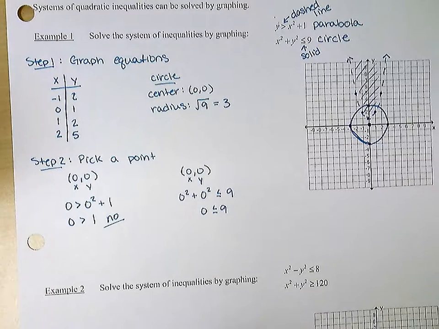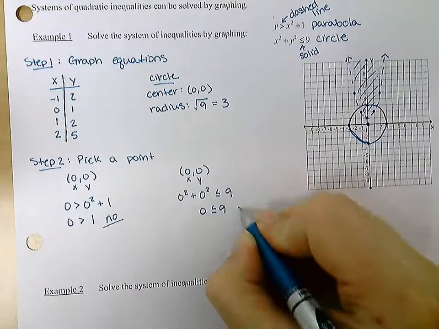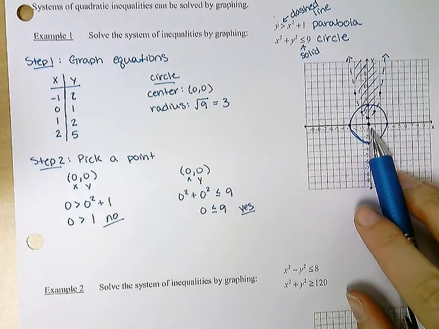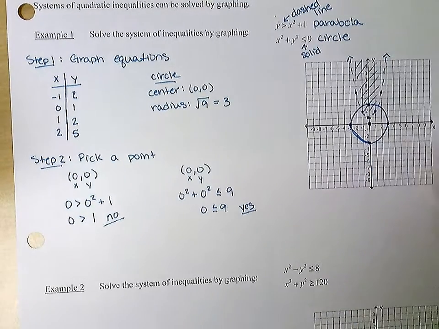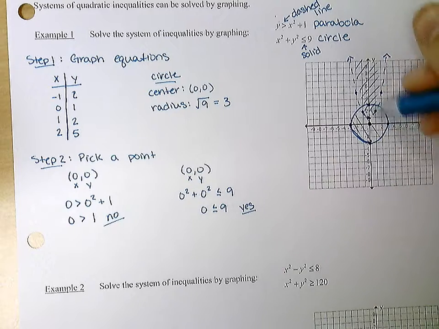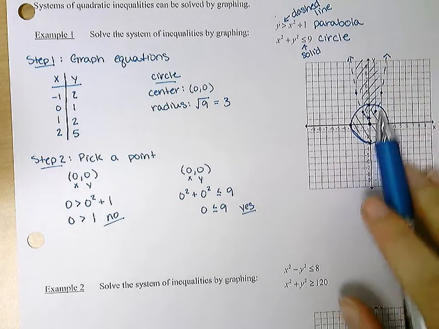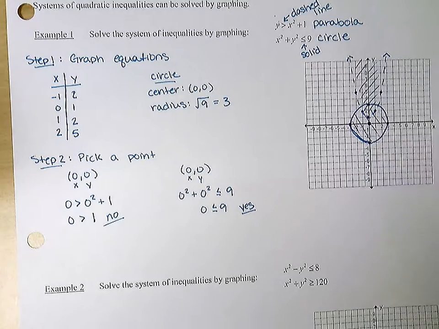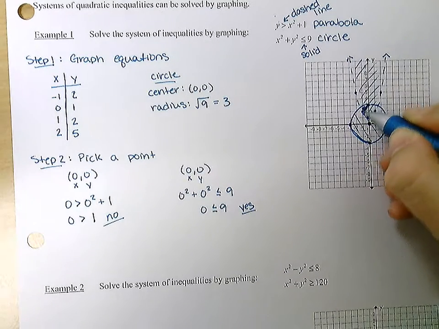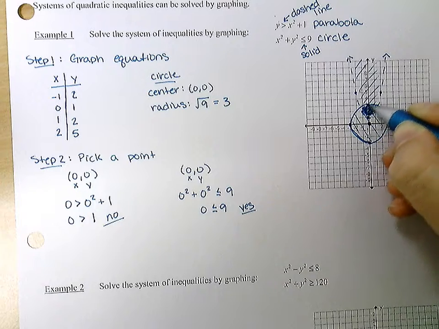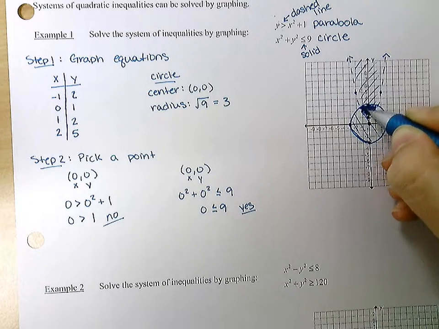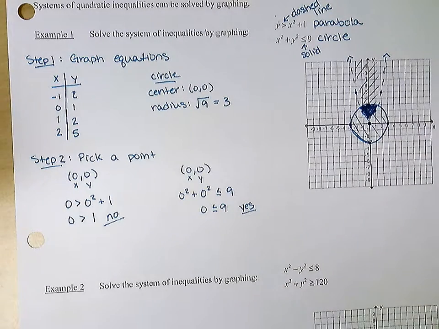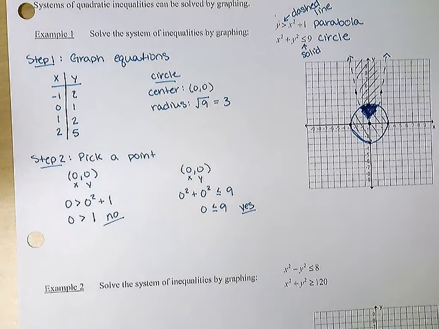Is that statement true? Yes. That means we're going to shade where 0, 0 is in that circle, so on the inside. We're trying to find where these two shaded sections intersect. They're both shaded in this small area right here, so that's where I would do that darker shading. And that would be your solution.